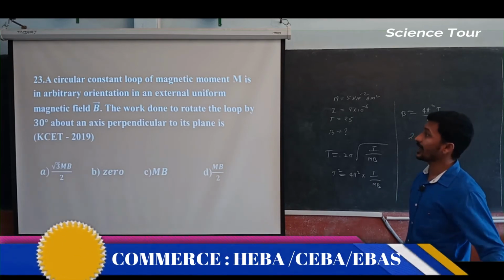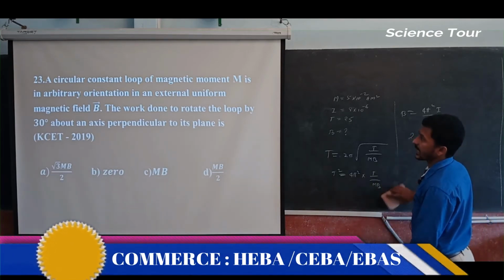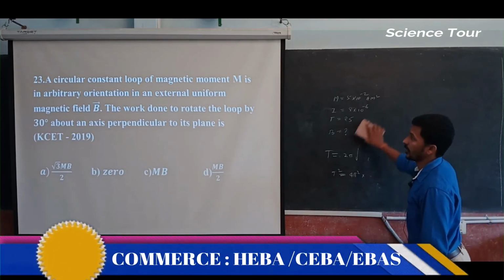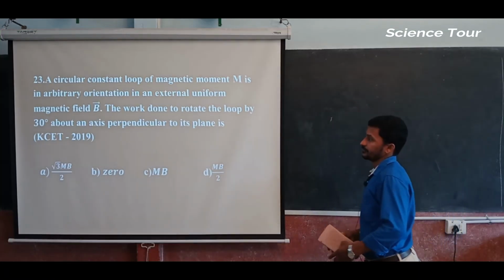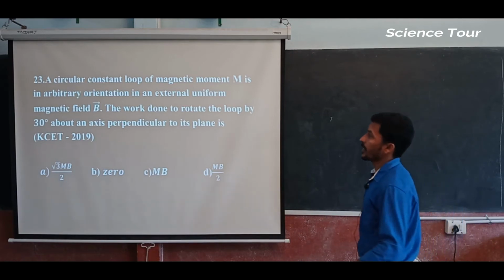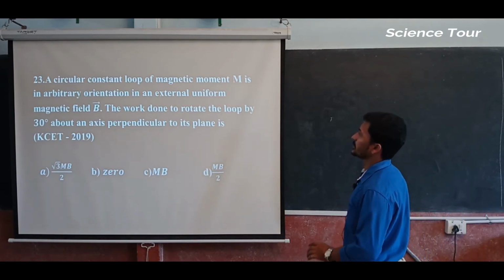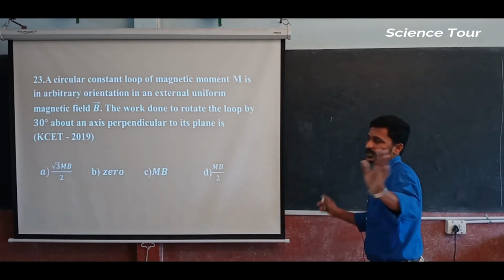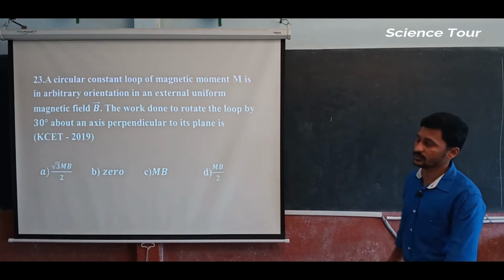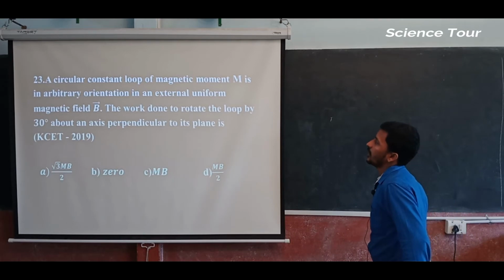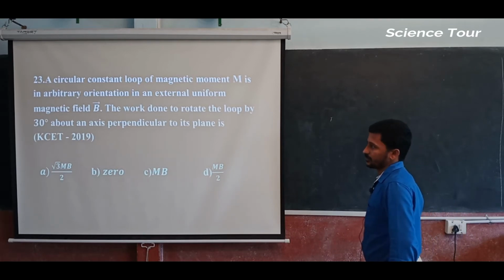A circular current-carrying loop of magnetic moment m is in arbitrary orientation, somewhere, not like x equal to 0 or theta equal to 0, in an external uniform magnetic field.